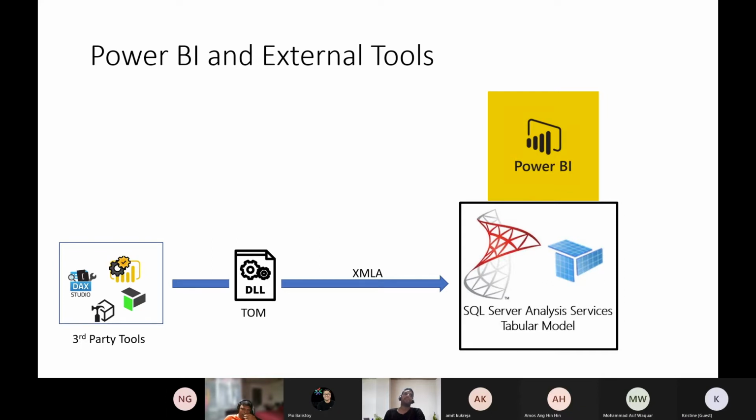Not only that, if you're coming from a development background, you know that the same DMVs available in SQL Server are available for the Analysis Services tabular model as well. A tool like DAX Studio connects to these DMVs, extracts the information available in them and showcases it to you.